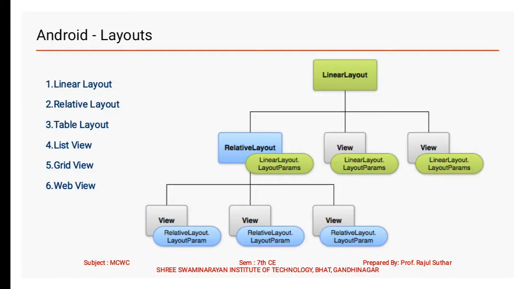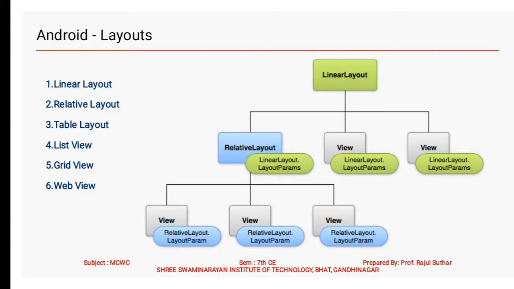In the previous lecture of Android, we discussed Android security and Android architecture. In Android architecture, we discussed some important points, like the Linux kernel and its role, which covers the display, camera, flash, Wi-Fi, and audio.